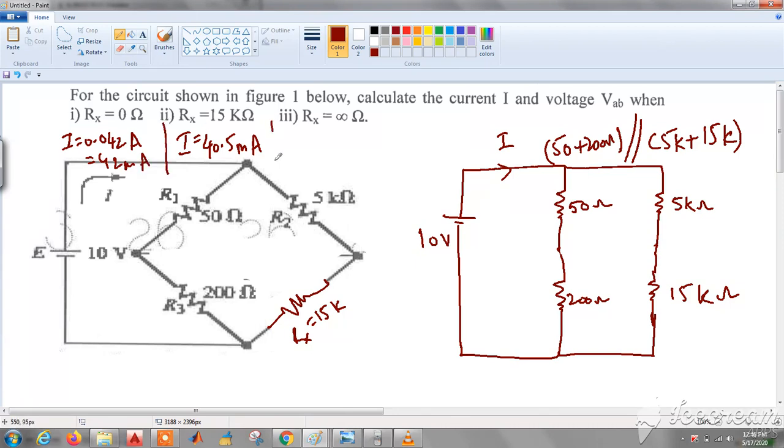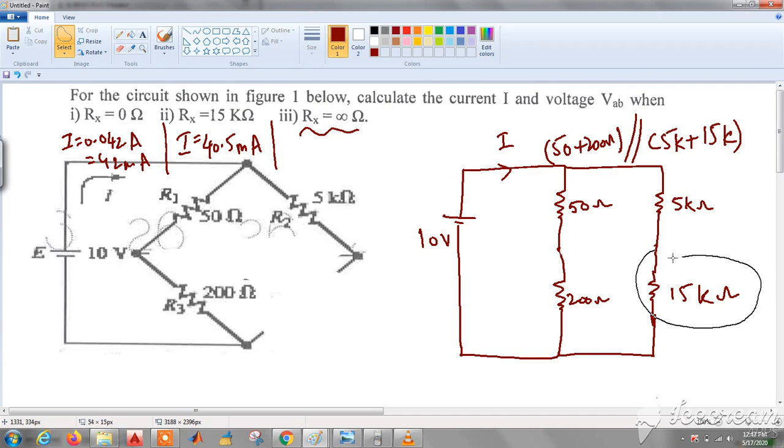Okay. Now let's come to the third case, when Rx is equal to infinity. We know that when Rx is equal to infinity, it is the same as the open circuit condition. So we'll remove it like this. Now there is no use of this branch where 5 kilo ohms is connected because the current is zero.